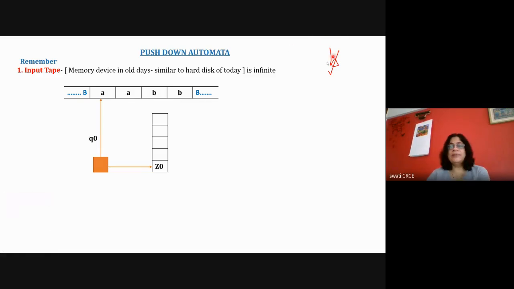So capital B or B with a slash is a blank character. Assume that on the input tape the blank character is stored.